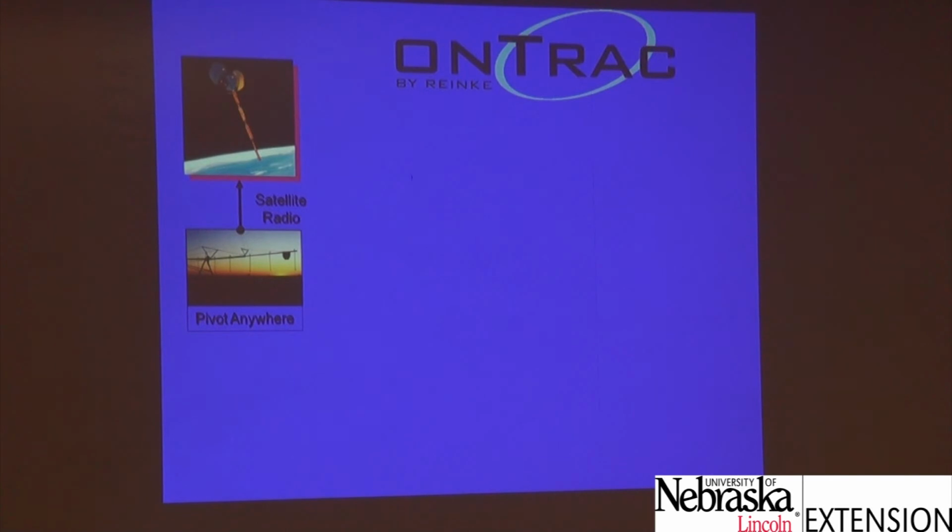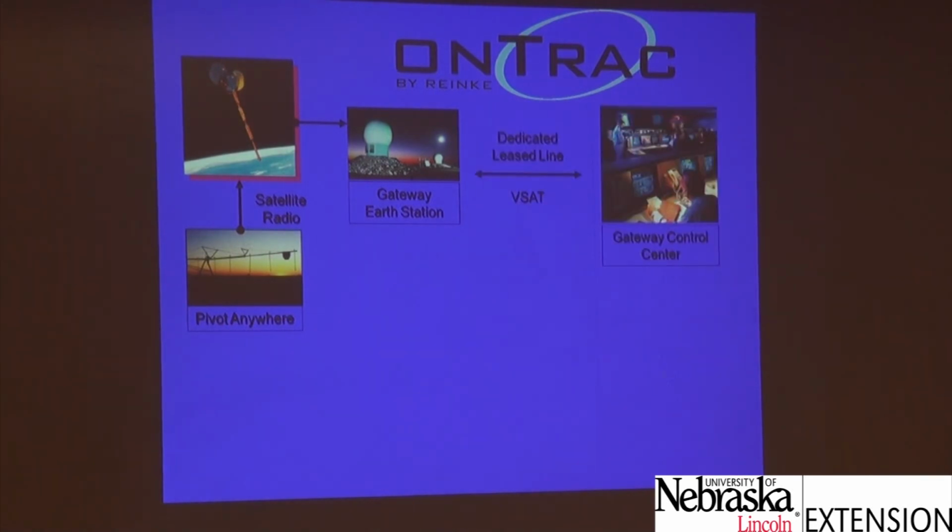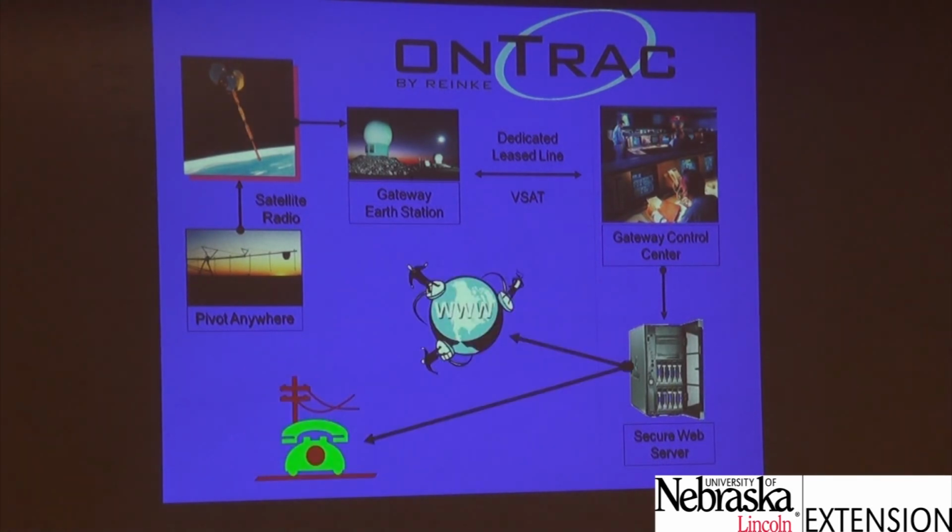From the field site, they go straight to a satellite and go through to a gateway system down on the Earth's surface, and then basically back through, and so you can access through a phone call or the internet on a computer system back at the office.